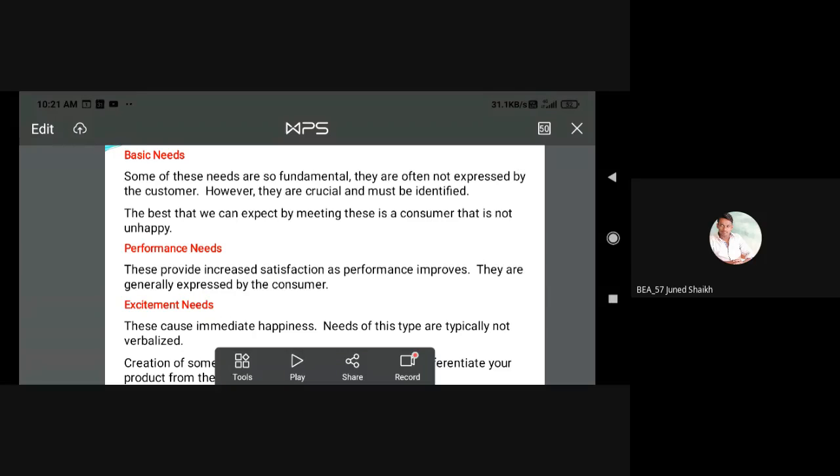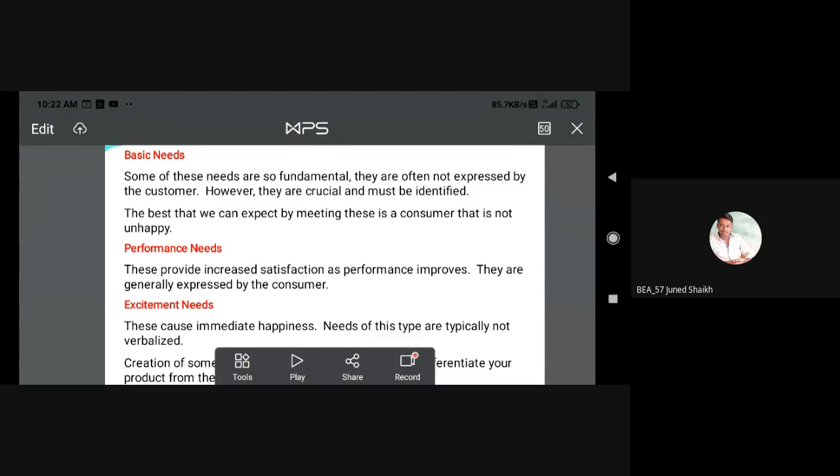Some products are there where people will not directly ask, but we can consider some of these needs so fundamental. Now we have to fulfill those basic needs. Why? Because of the requirement from the customer, as per the market demand, as per the expectation of that customer, so that will be very essential. So these are the basic needs.